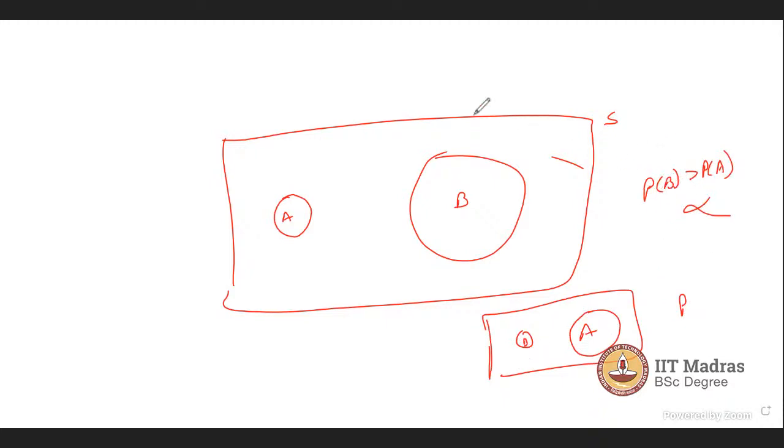Okay, so the approach we used here is that it is disjoint. Disjoint means A intersection B is the null set, right? Yes, sir. So in other words, I can write A as A intersection B union A intersection B bar. Is this clear? Okay, so this A intersection B is phi.